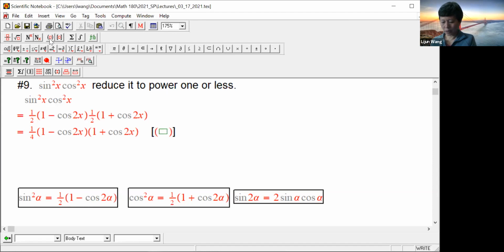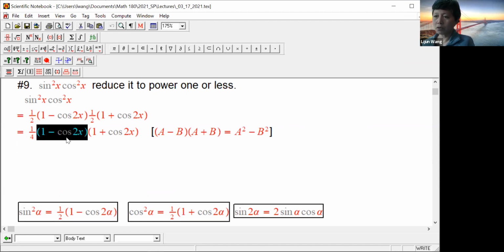In my eyes, I see a minus b multiply a plus b, a special formula we learned in elementary algebra. Very, very useful.